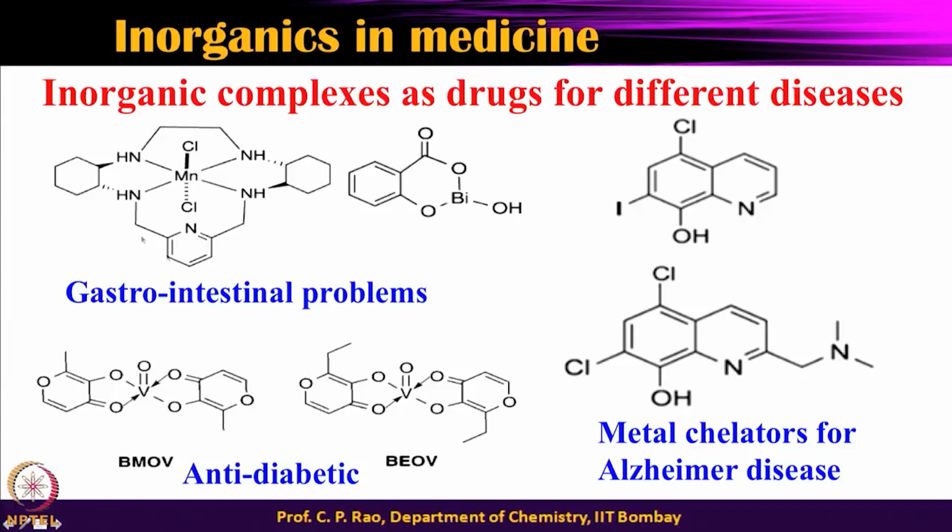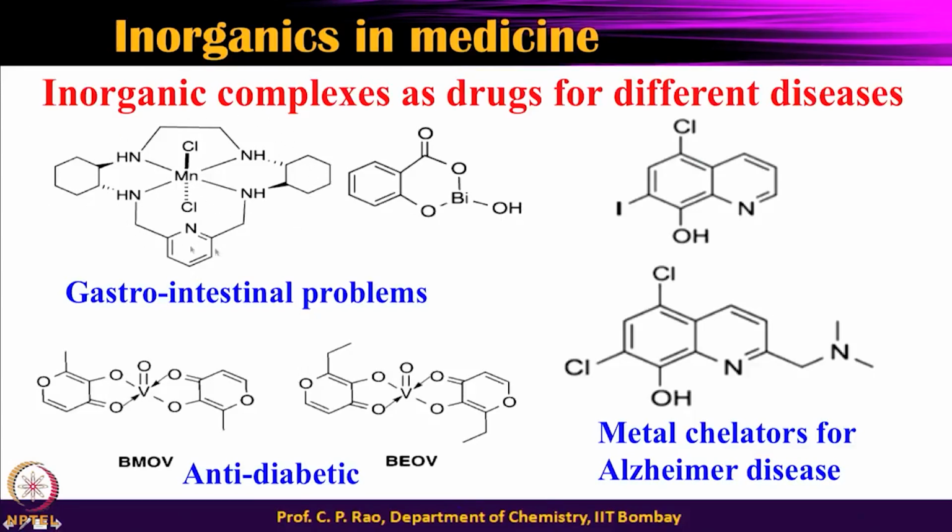Now, let us look at some of the structures of these. In this slide I have tried to show some inorganic complexes as drugs for different diseases. One thing you see here is gastrointestinal problems. It is very common. So, this is manganese dichloride, manganese 2, and this is a cyclam type complex.